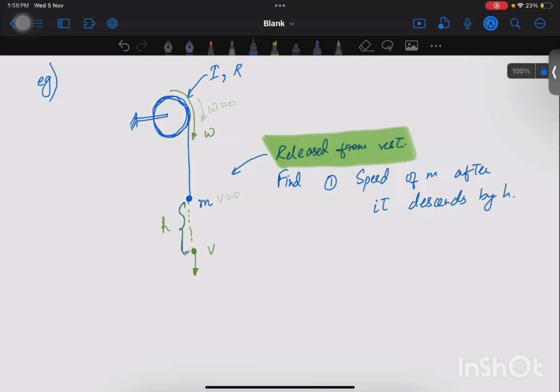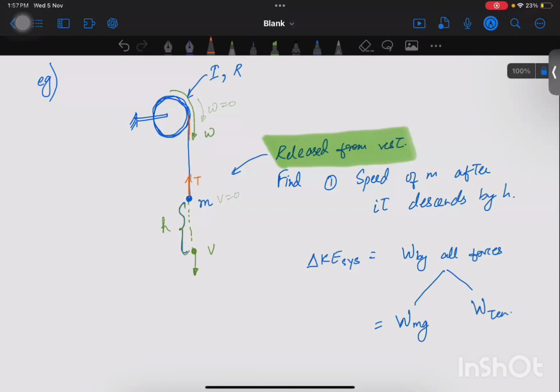So therefore, we can write that the change in the kinetic energy of the system is nothing but equal to the work done by whom? By all the forces. There are only two forces. One is the work which is being done by mg, the other work is nothing but the tension. But there is no net work done by the force of tension.